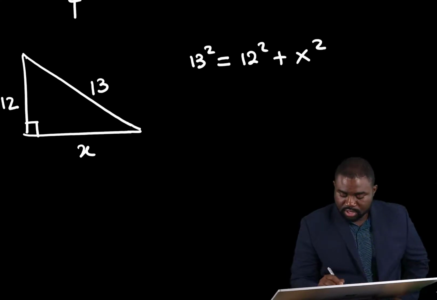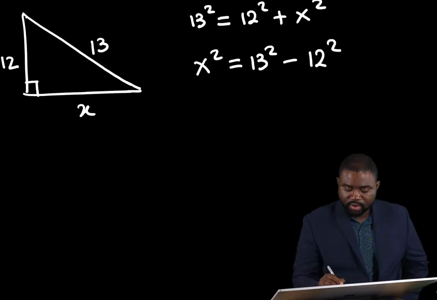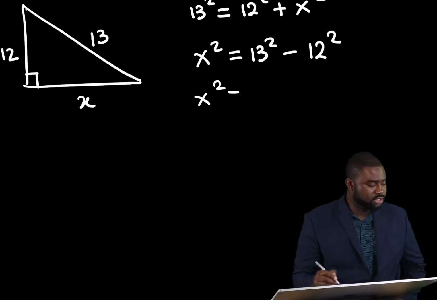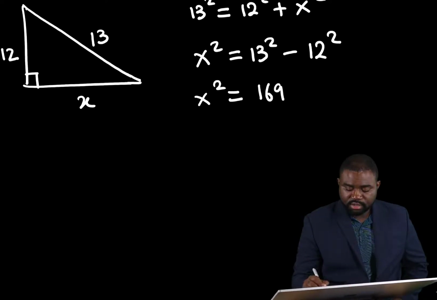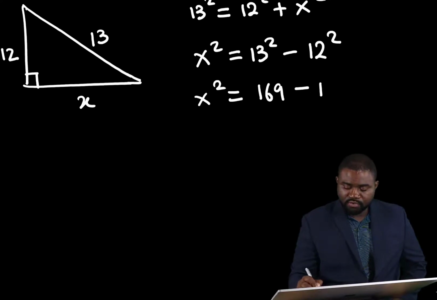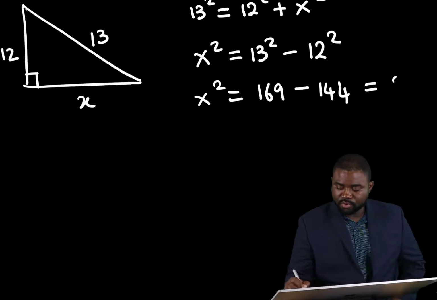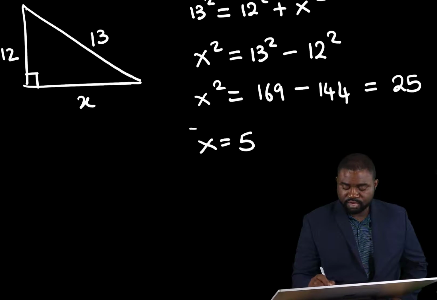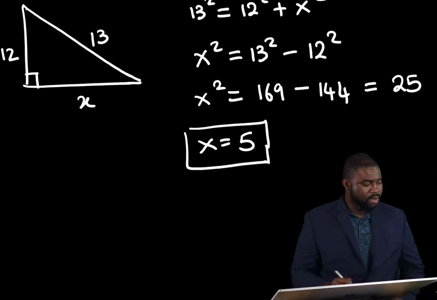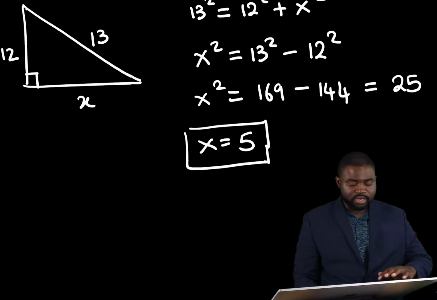That would mean that X squared is equal to 13 squared minus 12 squared. So X squared: 13 squared is 169, 12 squared is 144, 169 minus 144 will give you 25. This means that x is equal to 5.